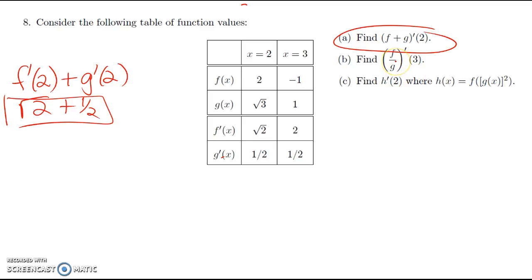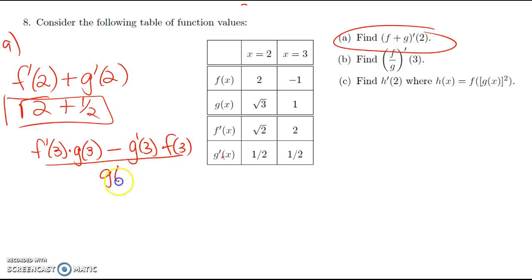B is a quotient rule, isn't it? So let's take that, and it becomes f prime of 3 times g of 3 minus g prime of 3 times f of 3, all over g of 3 squared. Alright, f prime of 3 is 2.